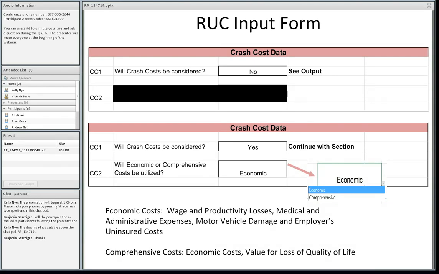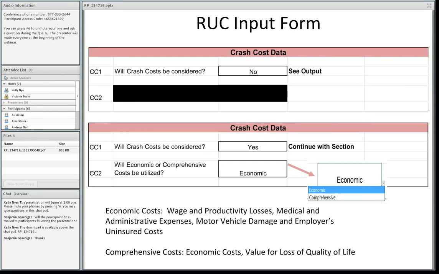If you do decide to include it, then the question is, do you want it to be an economic crash analysis or a comprehensive crash analysis? Both of those are pulled from National Safety Council information, where the economic cost is essentially everything that we would traditionally think is associated with crashes: loss of wage and productivity, medical expenses, motor vehicle damage, and uninsured cost.